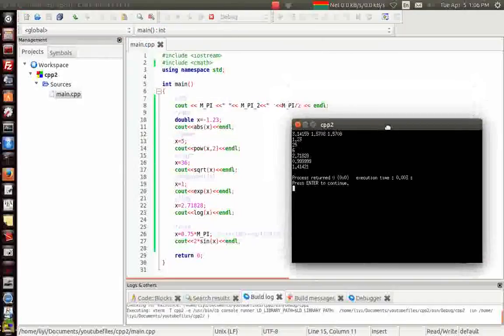As you can see here, the first one is pi, and then the next two are 1/2 of pi, and then the next function is the absolute value of x.